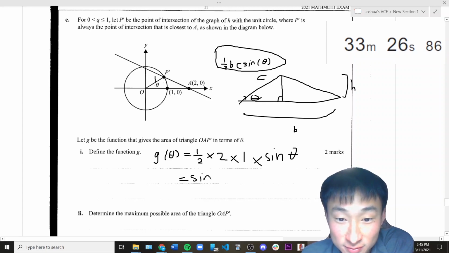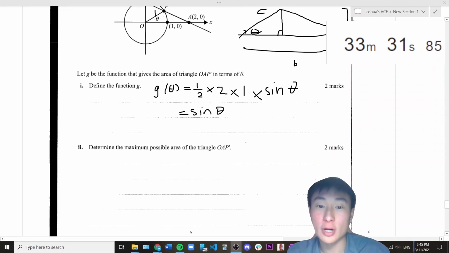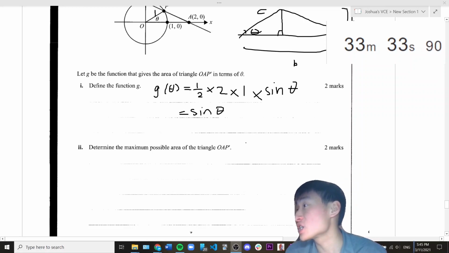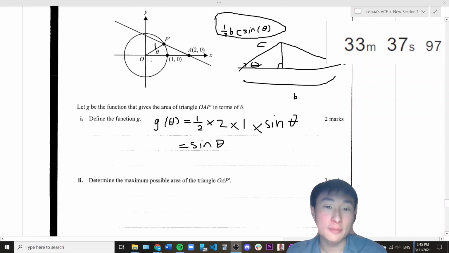Okay, that's simples. Now determine the maximum possible area of the triangle OAP dash. If you have a line that goes like this, P dash is actually here.